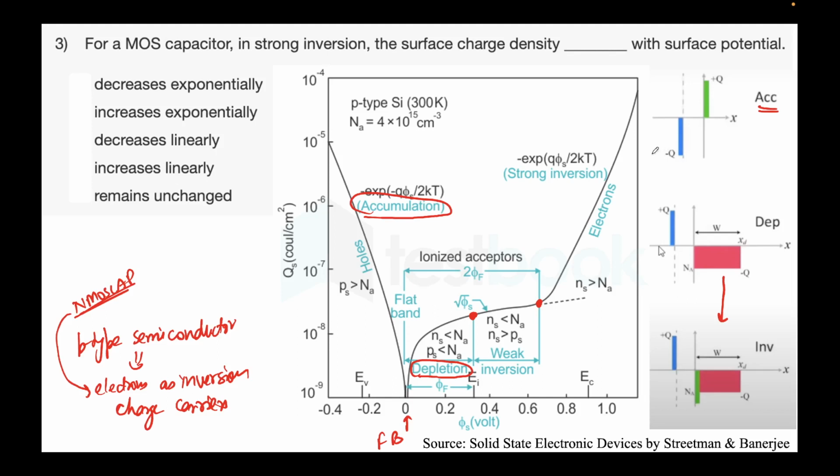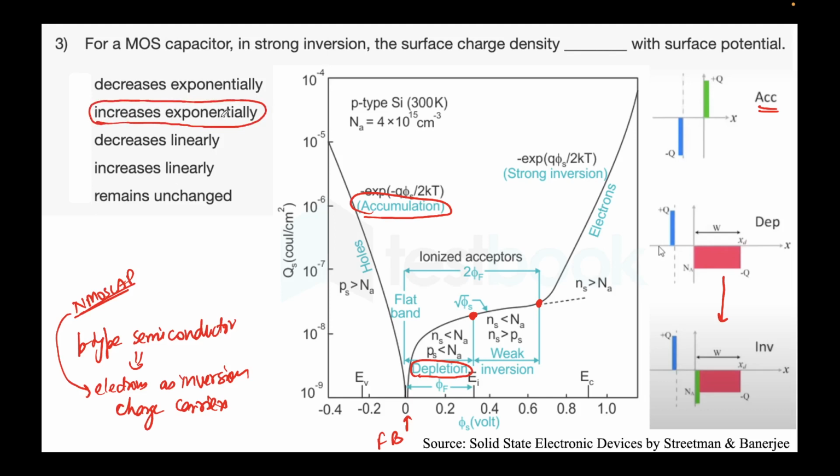The semiconductor is p-type, but yet at the surface it's behaving like an n-type, right? And the increase in concentration after the strong inversion rises exponentially. So the concentration of electrons after strong inversion increases exponentially.